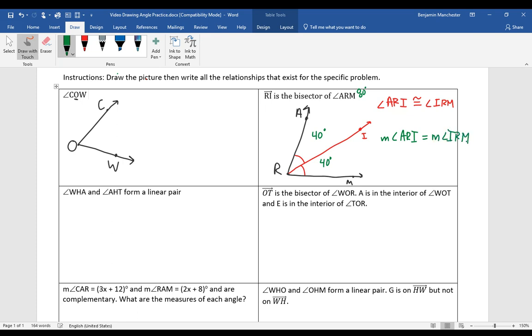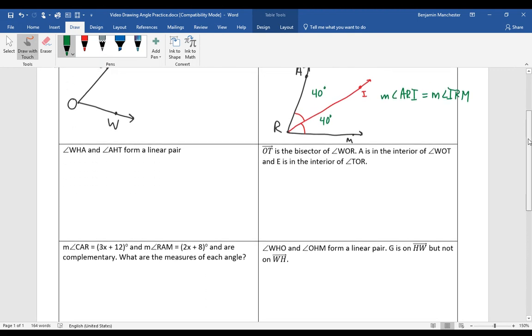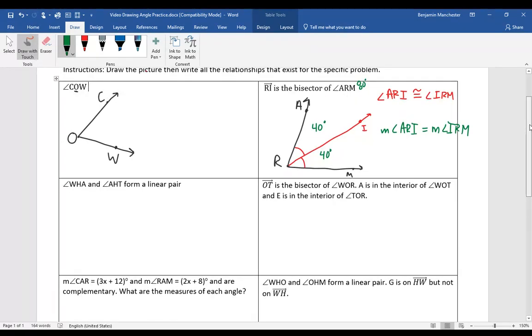A little bit of a differentiation between measures: their degrees are equal, but the angles are congruent. So those are the relationships here. The measures are equal, the degrees are equal, the angles are congruent. Pretty nice drawing.